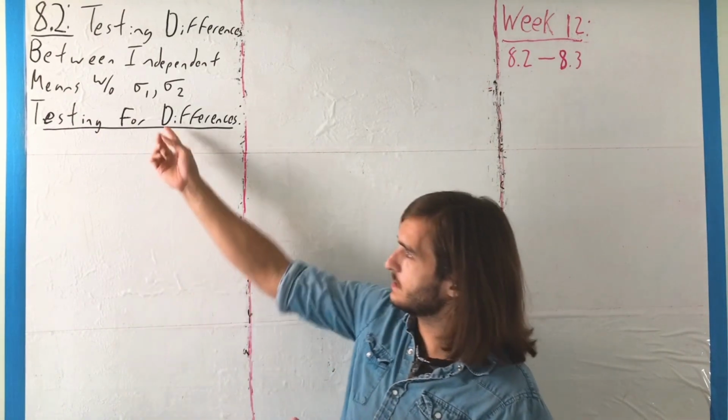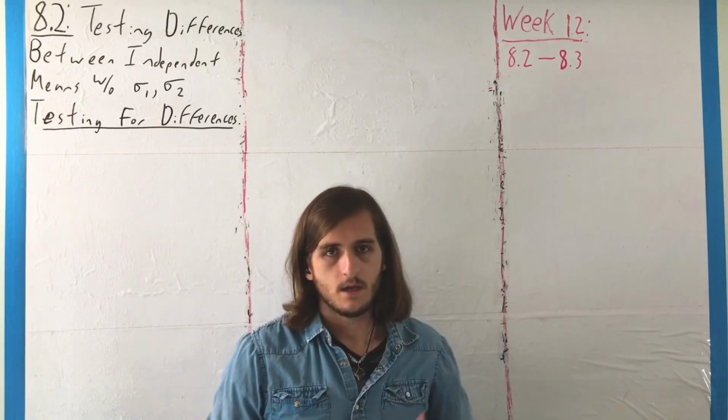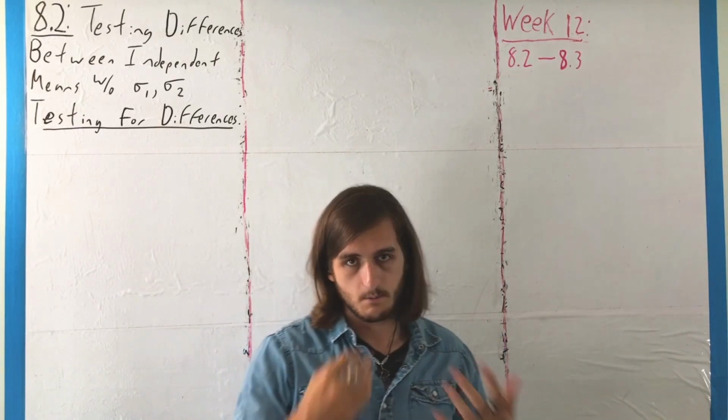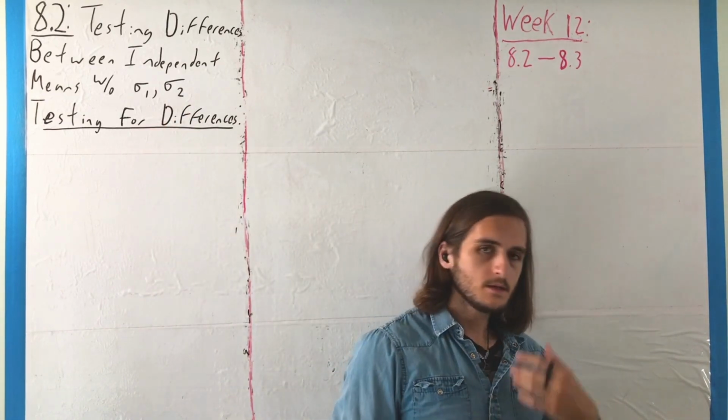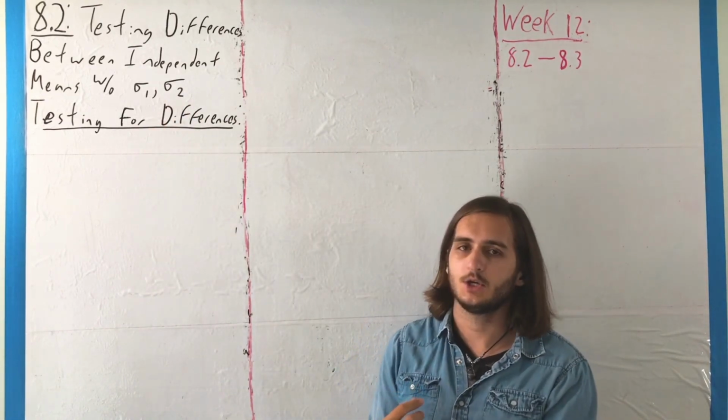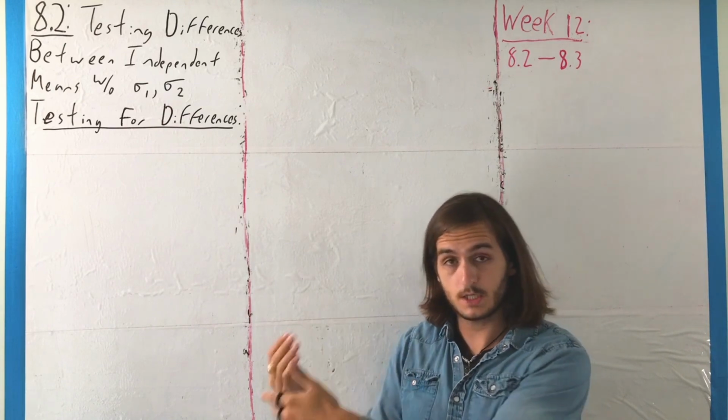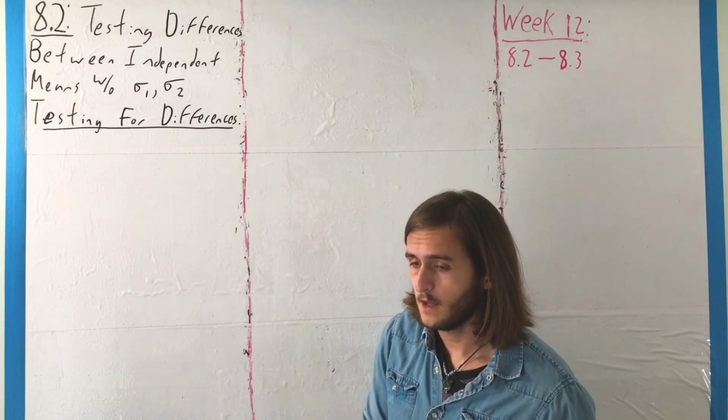But again, what we're saying here is that we don't know information about the population that we may want. In particular, we don't know what the standard deviations are for the population, or in this case populations, that we're working with.